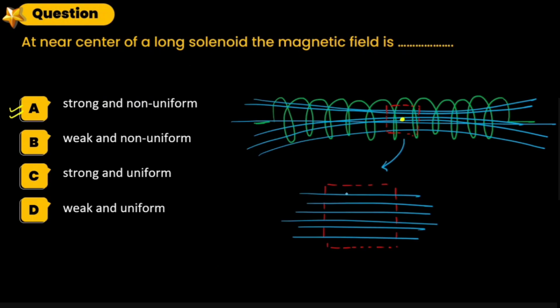So this is something you can call strong and uniform. Where does it exist? At the center only. Remember this. So the correct answer for this particular question should be strong and uniform at the center.